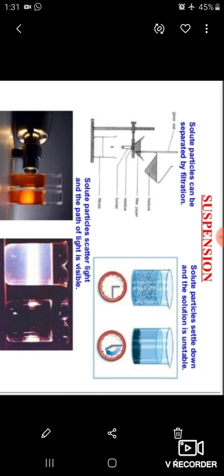The solute particles settle down when a suspension is left undisturbed, so a suspension is unstable, as in figure 2. They can be separated from the mixture by the process of filtration, as in figure 1. When the particles settle down, the suspension breaks and it does not scatter light anymore.